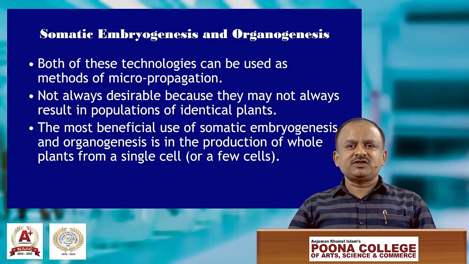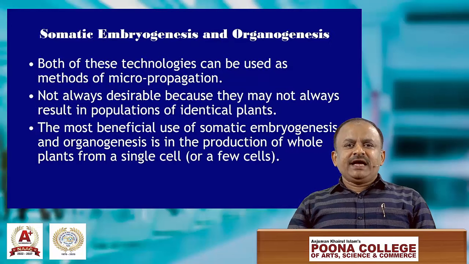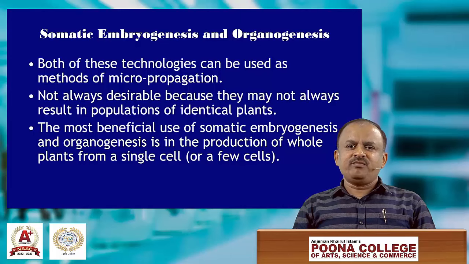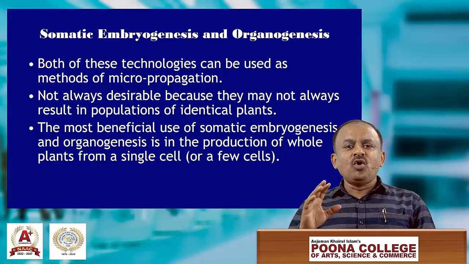When we compare somatic embryogenesis and organogenesis, both of these techniques can be used as methods of micropropagation, though not always desirable because they may not always result in a population of identical plants. The most beneficial use of somatic embryogenesis and organogenesis is the production of a whole plant from a single cell.